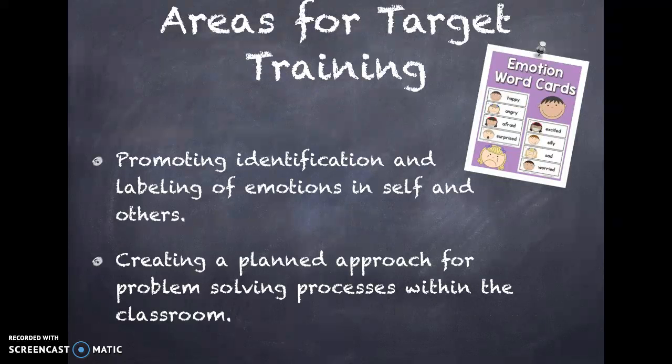Areas for target training. Before taking this class, I never thought about emotions or helping children to label their emotions and identify them in themselves and others. And I've never thought about really creating a planned approach for them to solve their problems in the classroom.